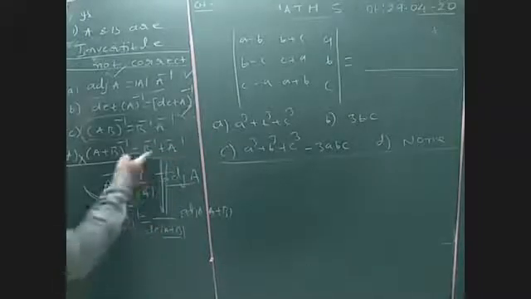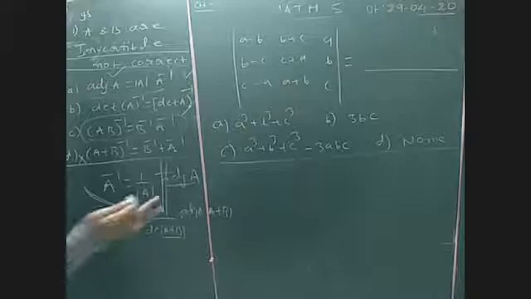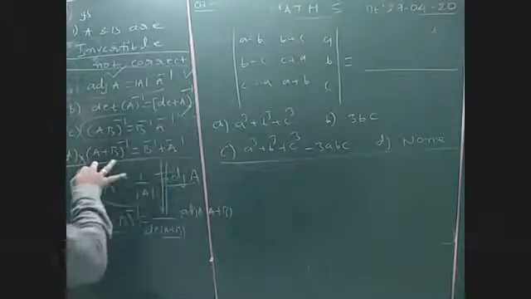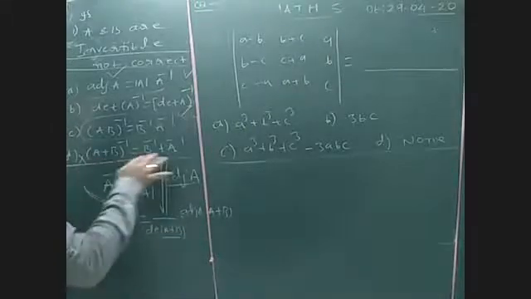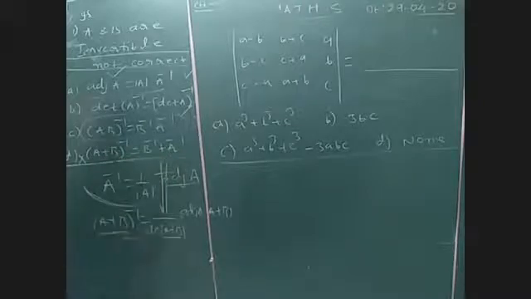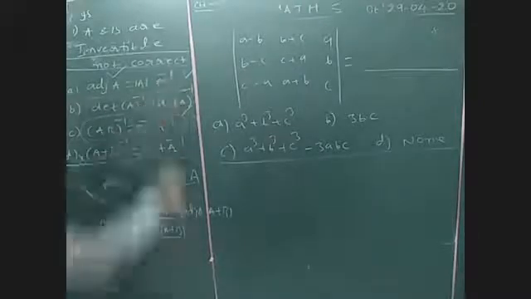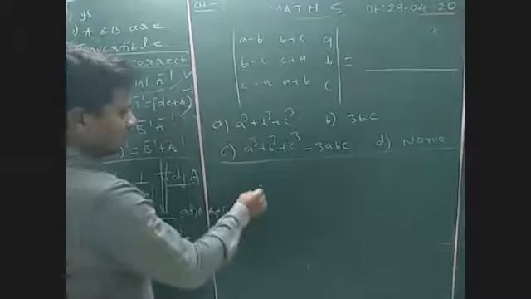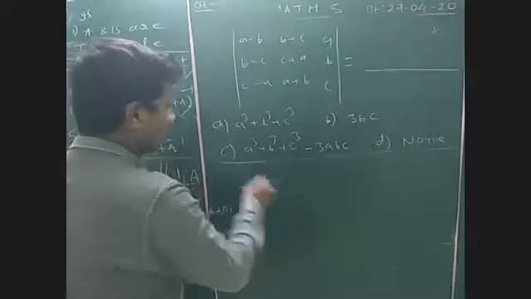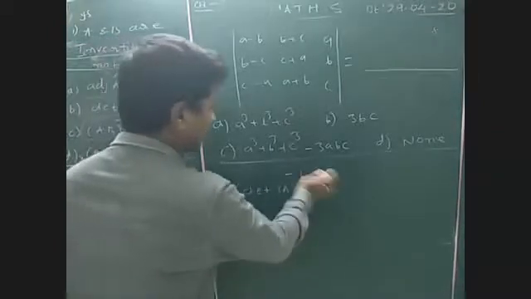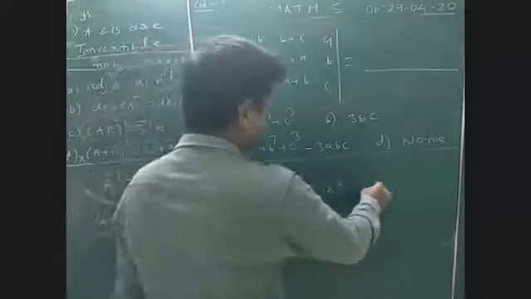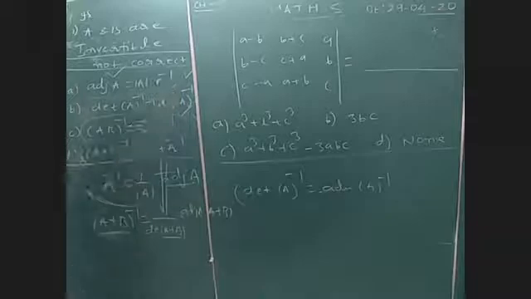Otherwise you can take any two non-zero matrices and check it. So this is wrong. This is right only. So det A whole inverse can be written as 1 by det A inverse. This will always be right.